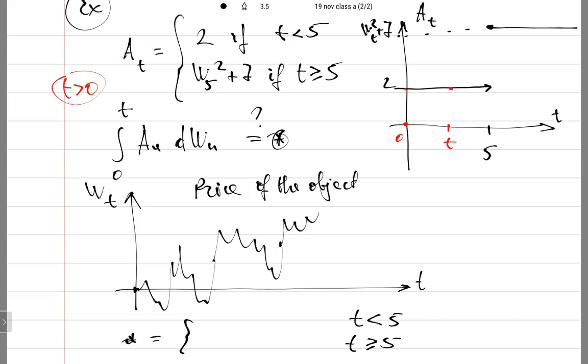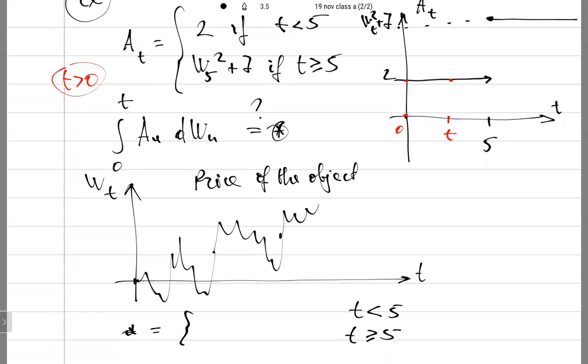Okay, if I have two objects, what is my total welfare at the beginning, at time 0? It's 2 times W_0. What is my final welfare? 2W_0 plus 3W_5 squared plus 7.